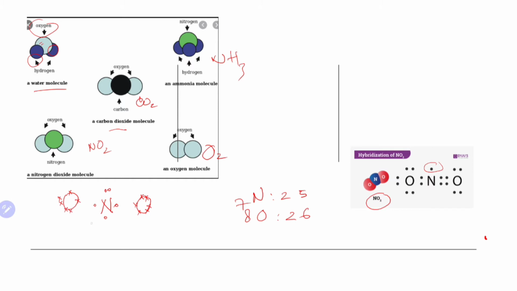Single with single, so becomes double. And then these two electrons will be given to oxygen, then become dative.